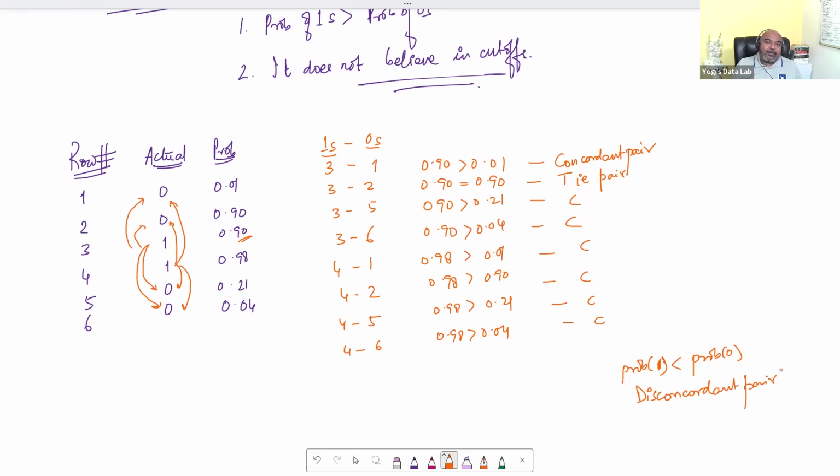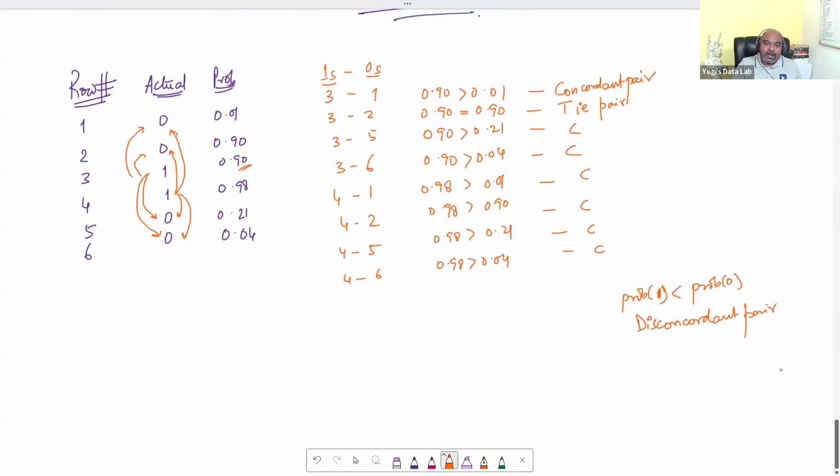Now, once you have calculated the concordant and the tie pairs, we are going to calculate the percentage of concordance. How many concordant pairs do we have? 1, 2, 3, 4, 5, 6, 7. We have 7 concordant pairs out of 8 pairs.